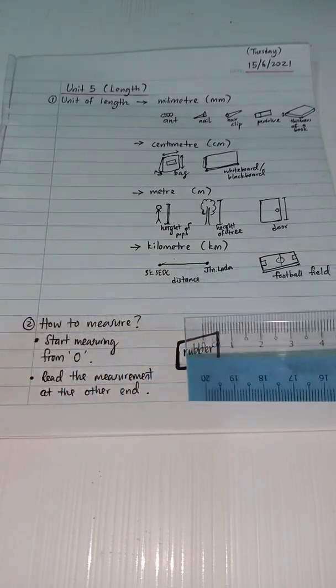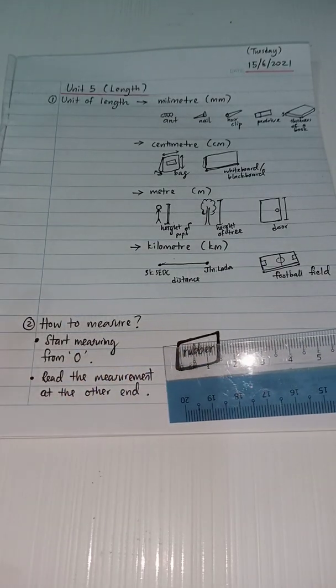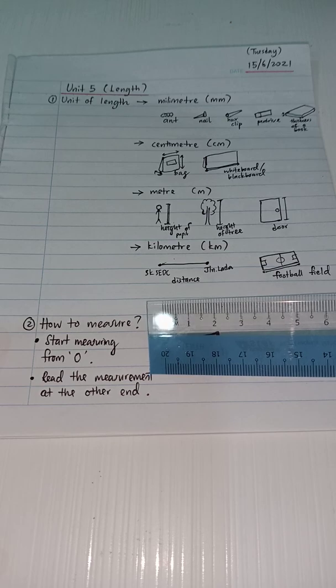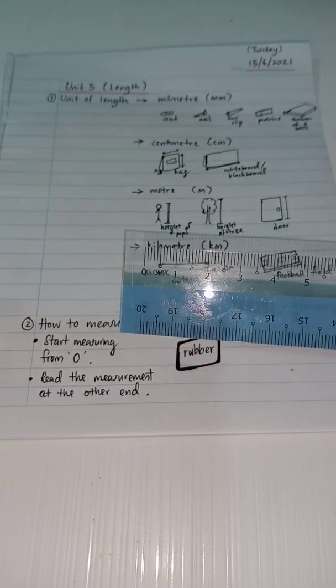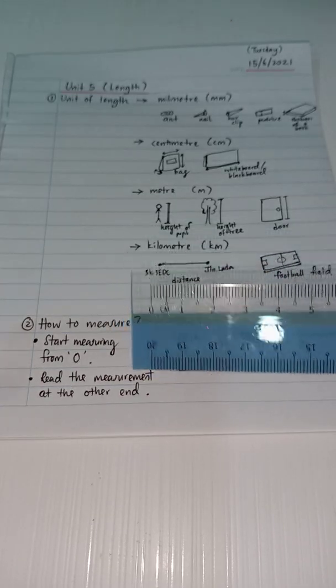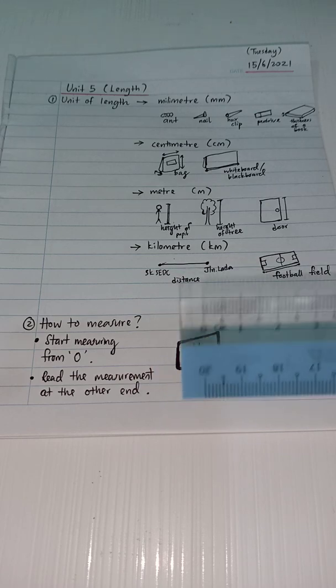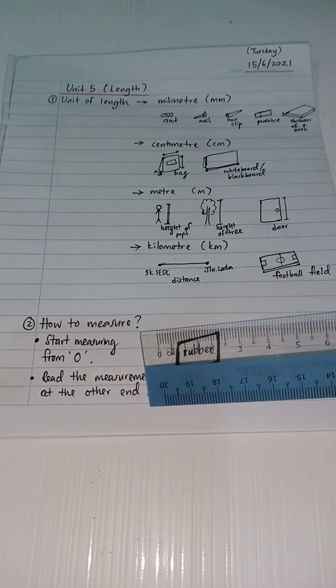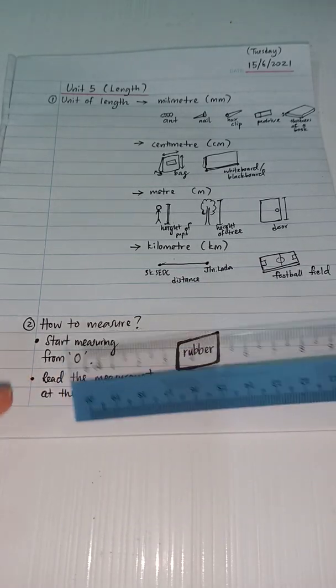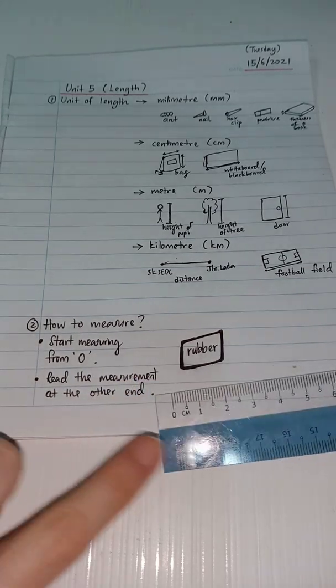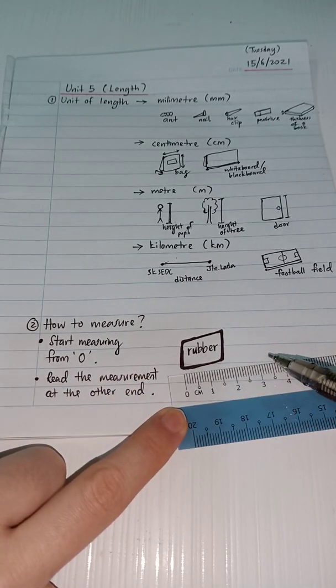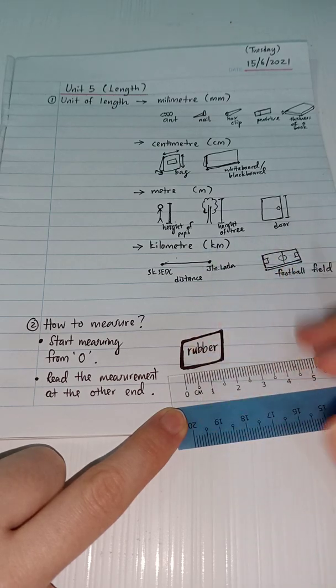Never mind, I teach you, and the steps are the same, no matter mm, cm, m, or so on. You must start measuring from 0, and then find the other end, the end part, and get the measurement.